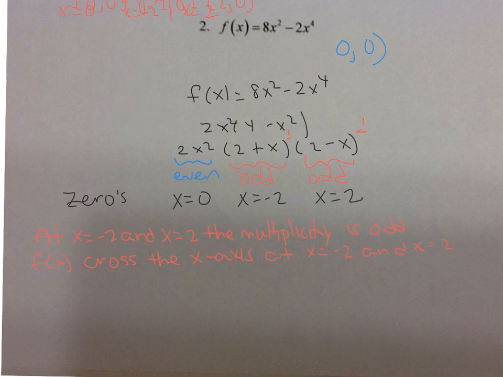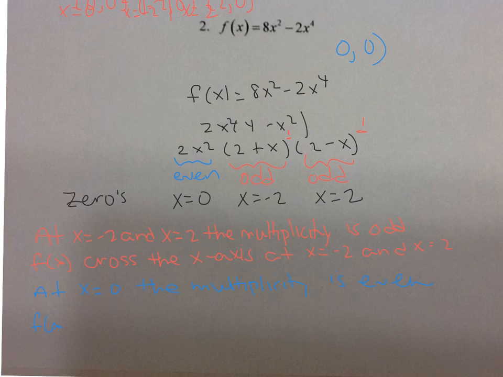All right, now we have to do the even one. At x equals 0, the multiplicity is, and what did we write here in blue? Even.